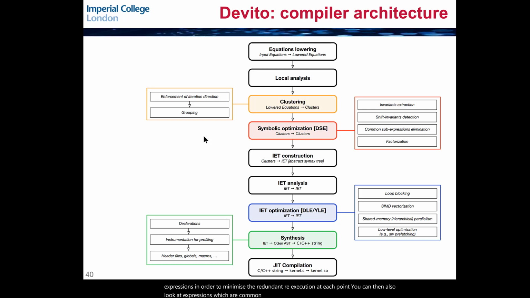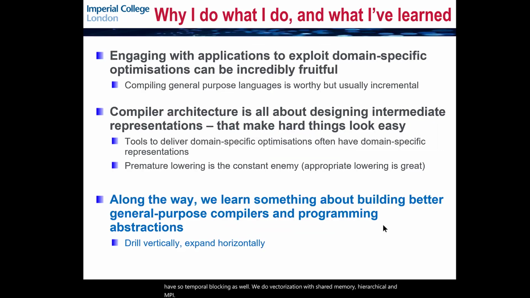You can then also look at expressions which are common between adjacent points, and we work on exposing those expressions too by not just searching for them, but trying to generate them by doing algebraic manipulation like exploiting distributivity and so on. We obviously also do blocking, we do spatial blocking, and in prototype form we have temporal blocking as well. We do vectorization, we do shared memory, hierarchical, and MPI.